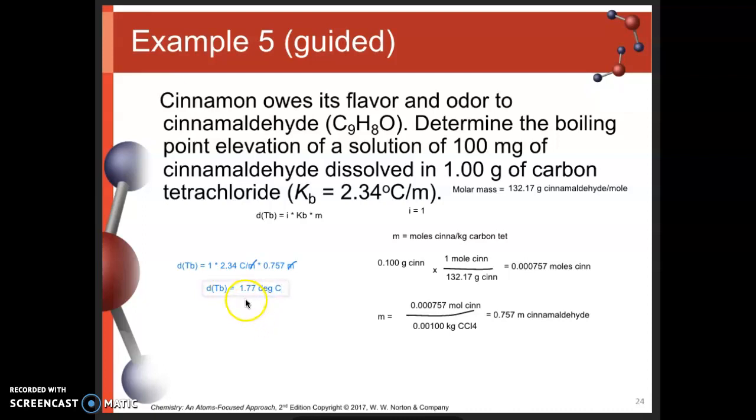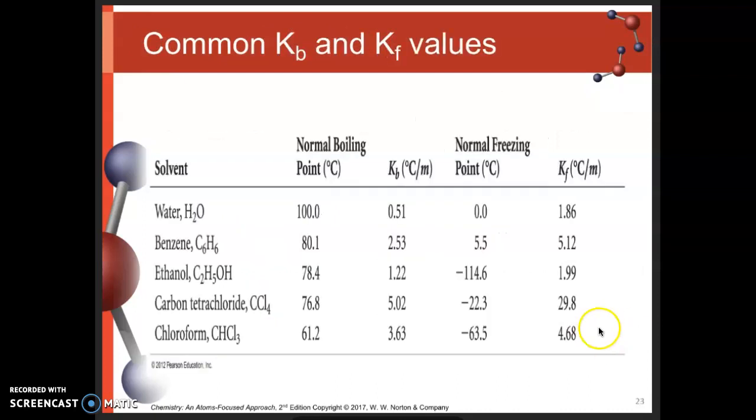Now, keep in mind, that is the boiling point elevation. That is how much higher the boiling point will be for the carbon tetrachloride compared to its normal boiling point. If we go back to the previous slide, we see that the normal boiling point of carbon tet is 76.8 degrees Celsius.